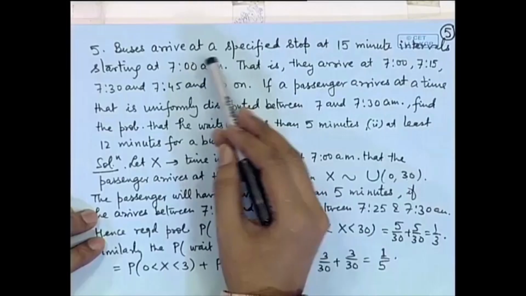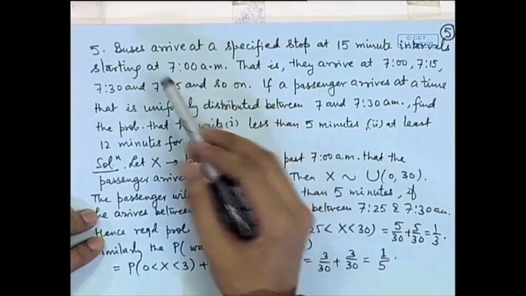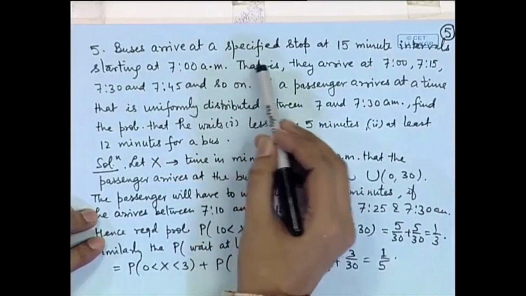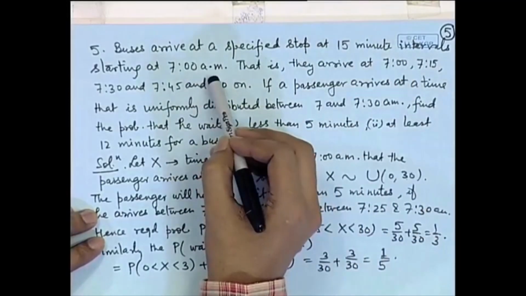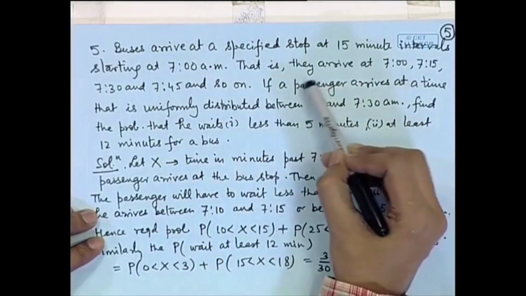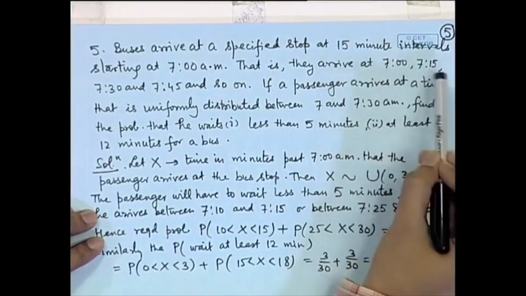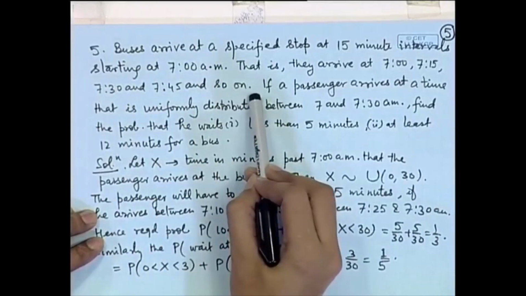Let us look at an application of the continuous uniform distribution. Buses arrive at a specified stop at 15-minute intervals starting at 7 a.m. That means the bus will come at 7, at 7:15, 7:30, 7:45 and so on.